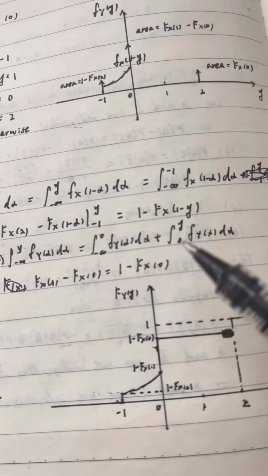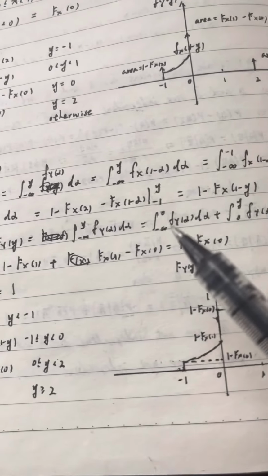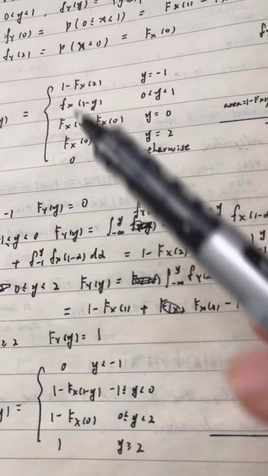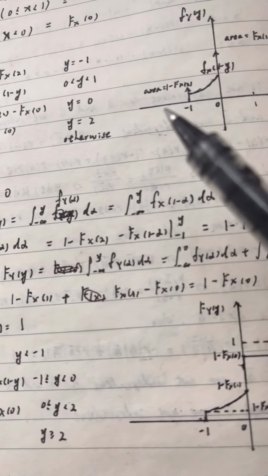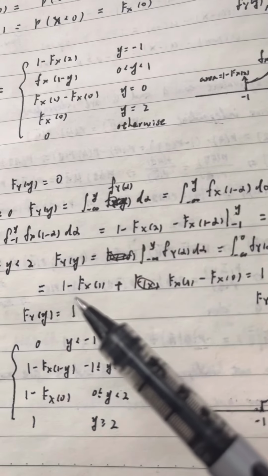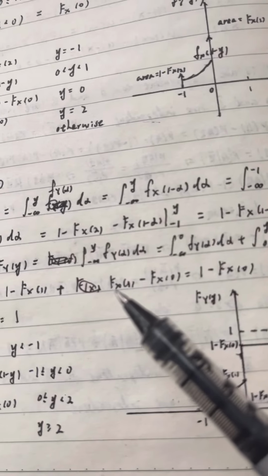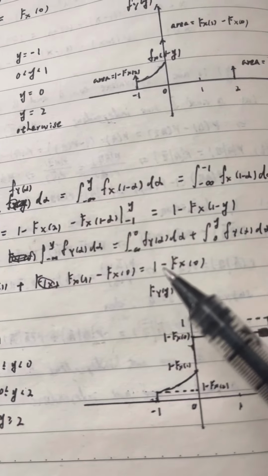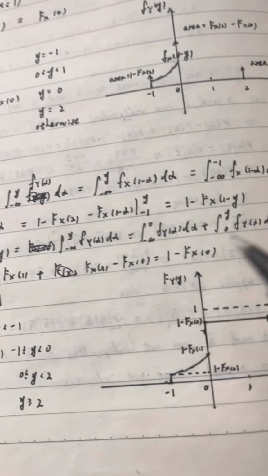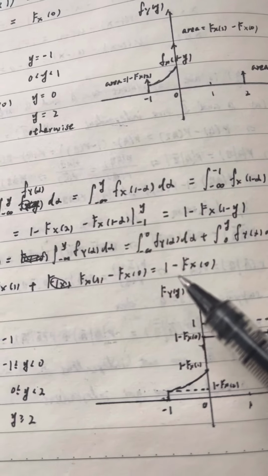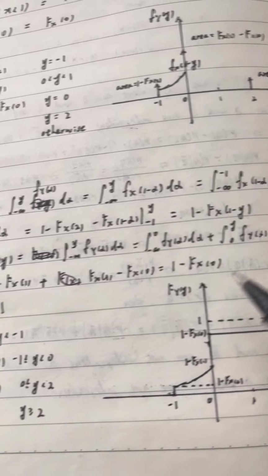The second part is 0 to y, and we still use this impulse function and the area of it. So it's equal to 1 minus F_X(1), and the second part is F_X(1) minus F_X(0), so it derives to 1 minus F_X(0) eventually.